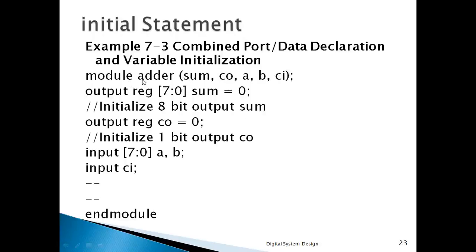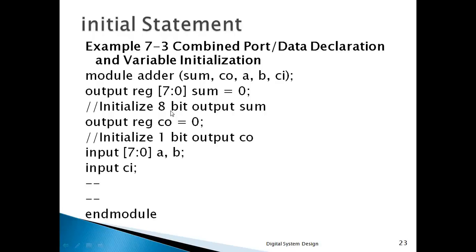Here you see that a module is declared as adder. These are the parameters. Here the output reg type is declared, and at the time of declaration it is assigned a value.